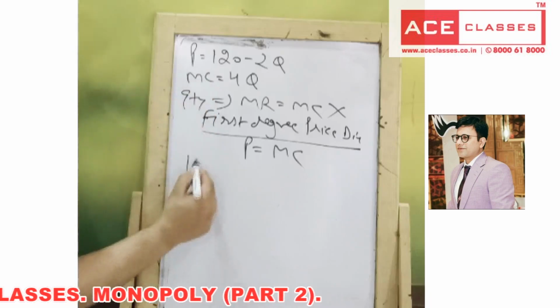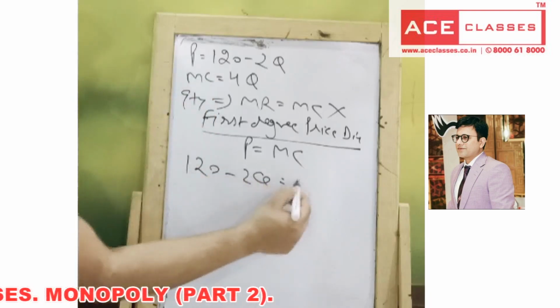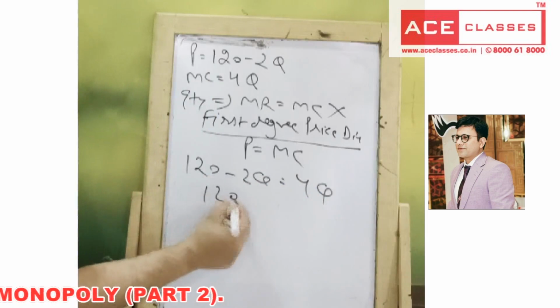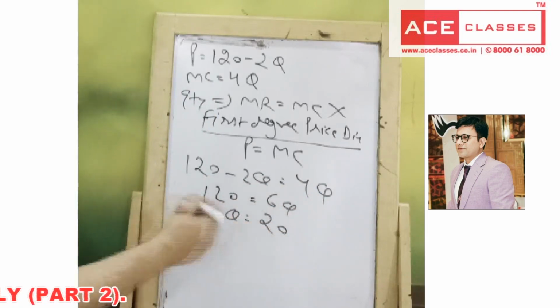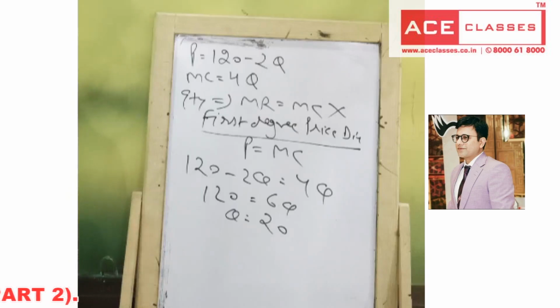First of all, if I'm using P is equal to MC, don't you think equilibrium quantity should be solved like this? So it can also be considered as if we are actually solving a quantity for a competitive market, because there also we use this, which is P is equal to MC.